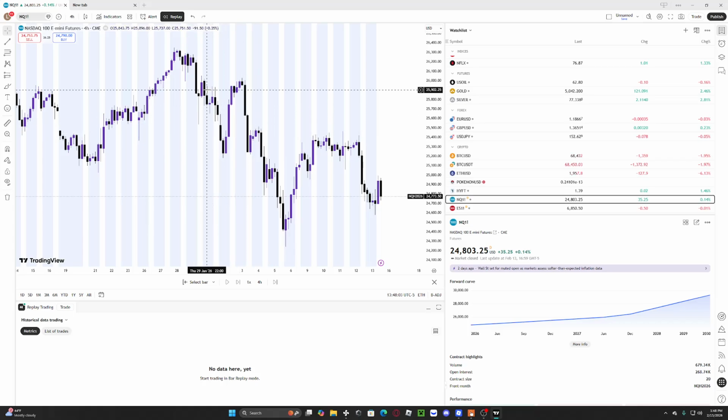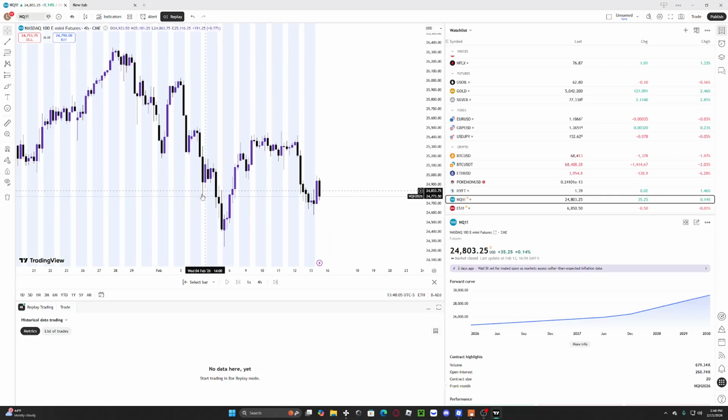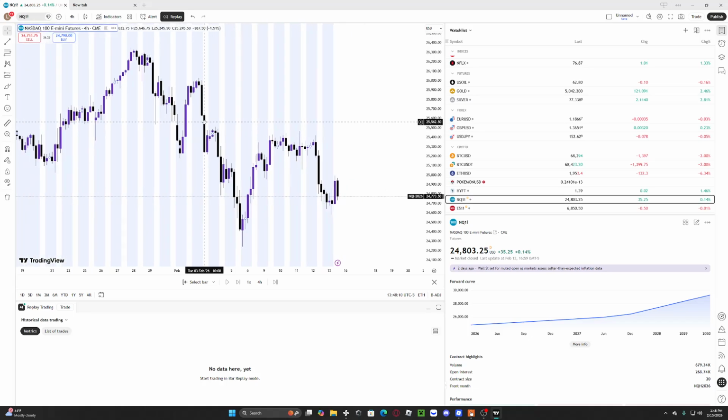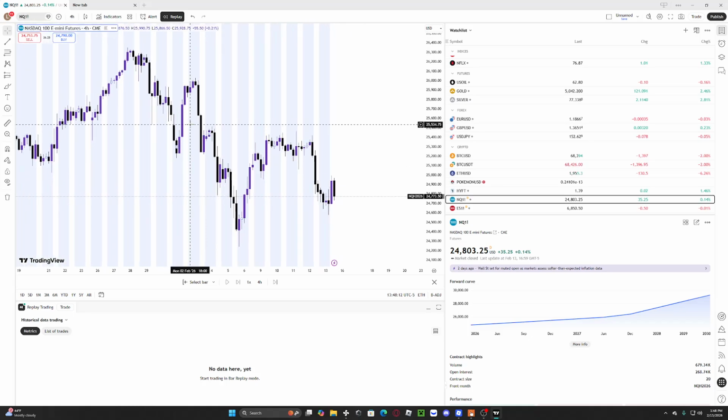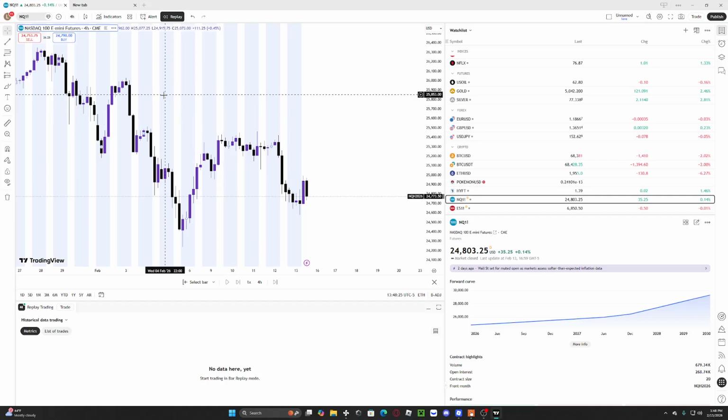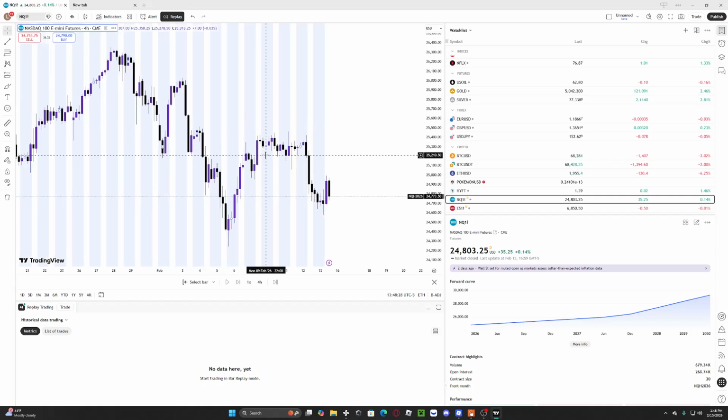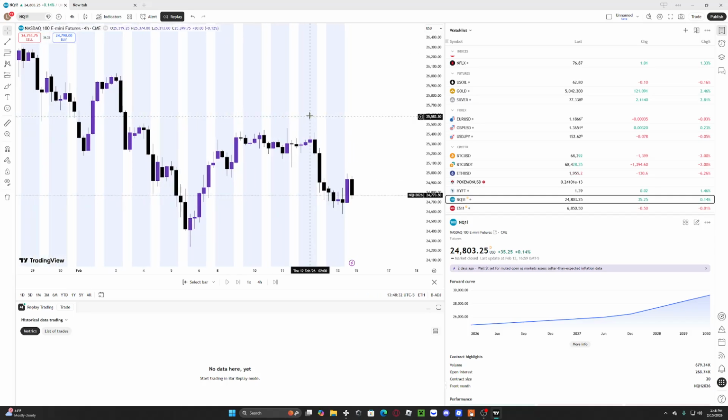So last week I used this area a lot, this fair value gap, this order block right here. I used that as a confluence for what price was tapping into. There was accumulation all week last week, but it really gave good confluence for my strategy.